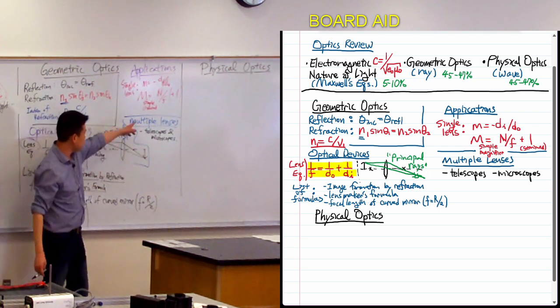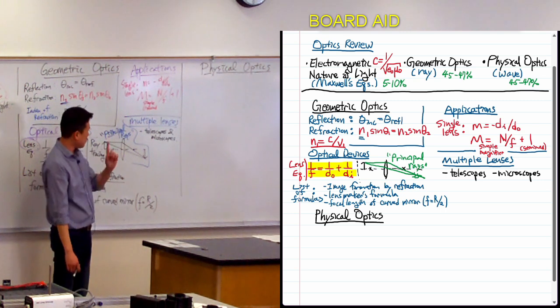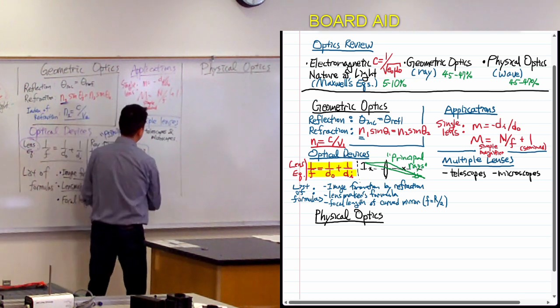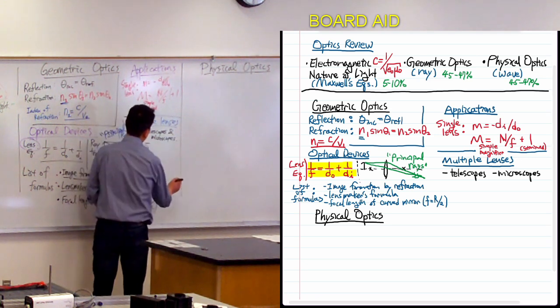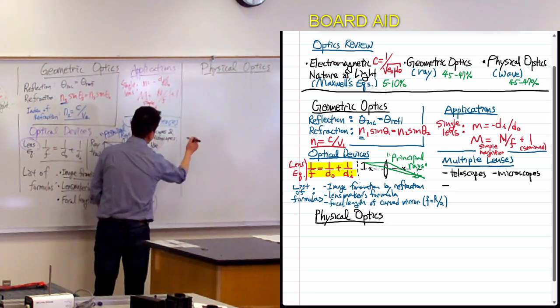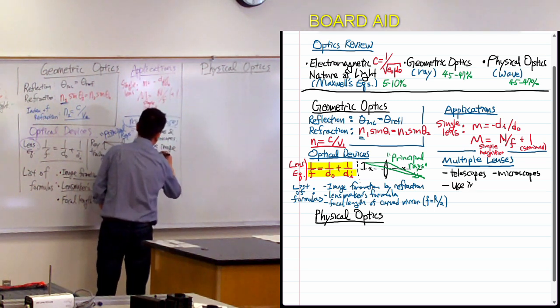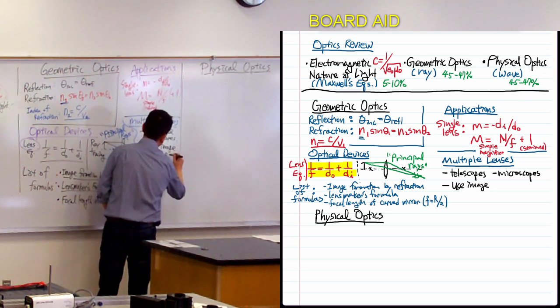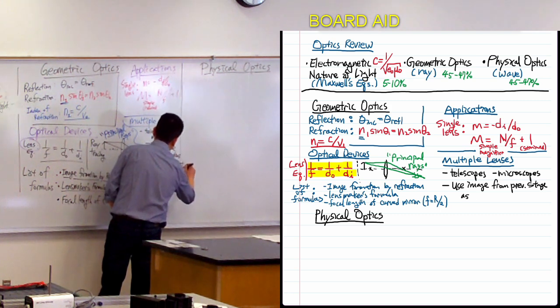Really with multiple lenses, what you need to know, in a two lens setup, is how to use the image from the previous stage as the object for the next stage.